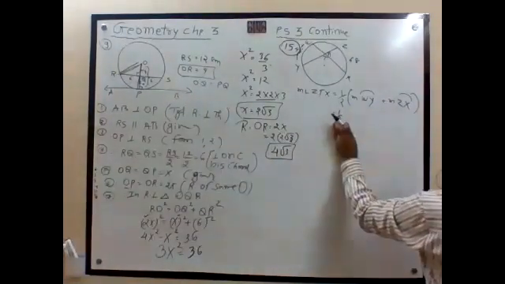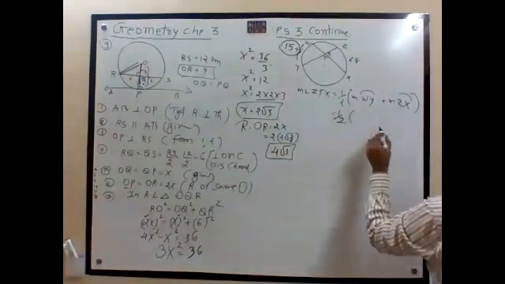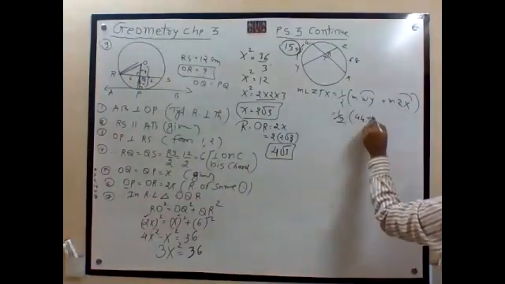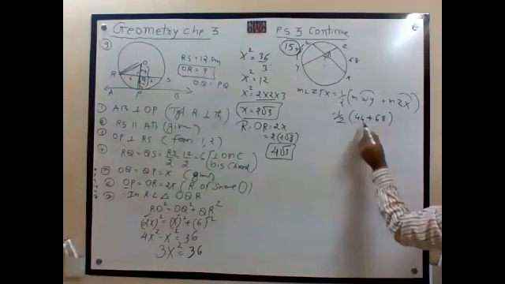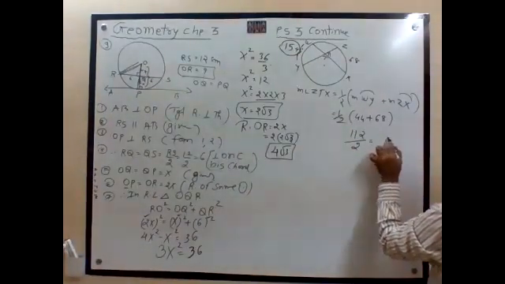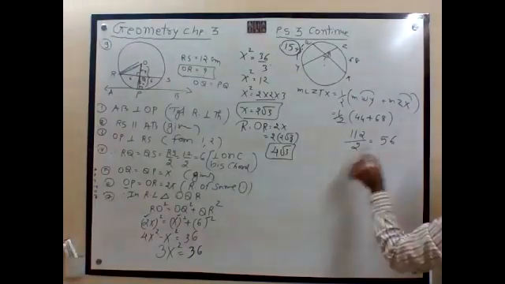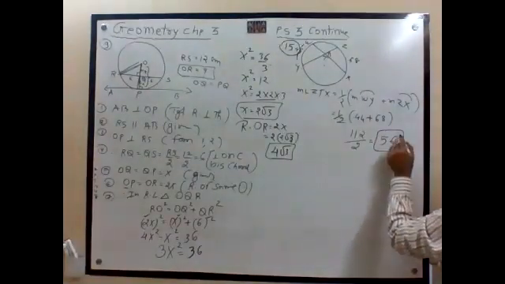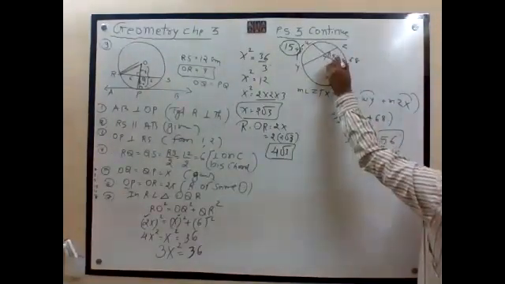Half of 44 plus 68 is 112 by 2. 100 half is 50, 12 half is 6, that is why 56 degrees. This is 56 degrees.